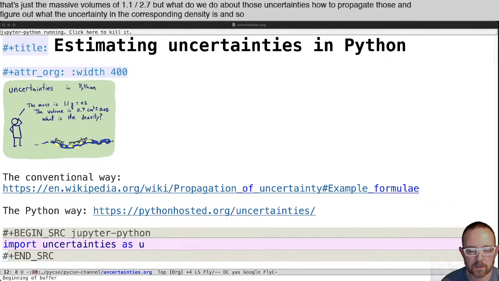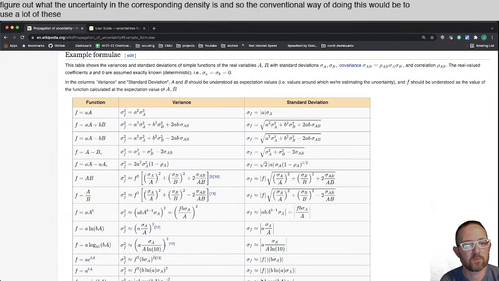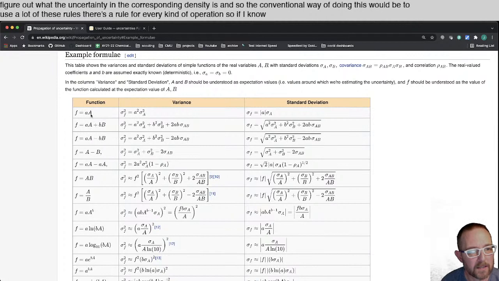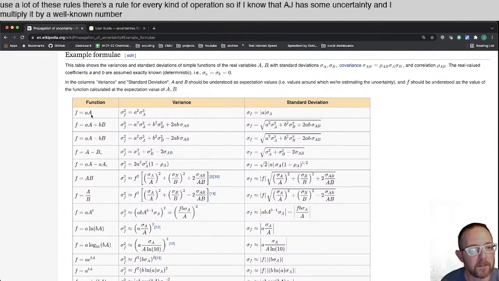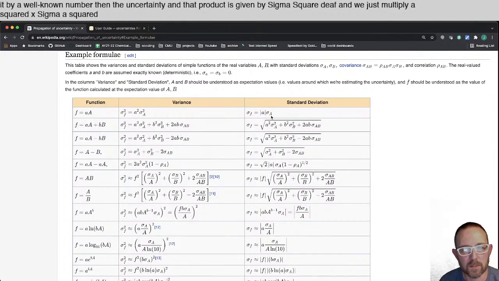And so the conventional way of doing this would be to use a lot of these rules. There's a rule for every kind of operation. So if I know that A has some uncertainty and I multiply it by a well-known number, then the uncertainty in that product is given by sigma squared f, and we just multiply a squared times sigma a squared, and we can estimate it.